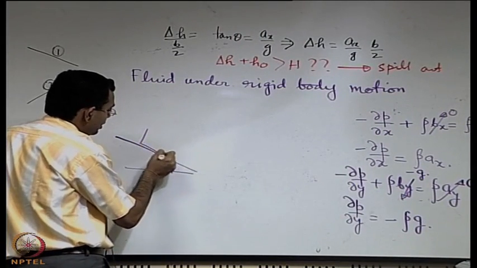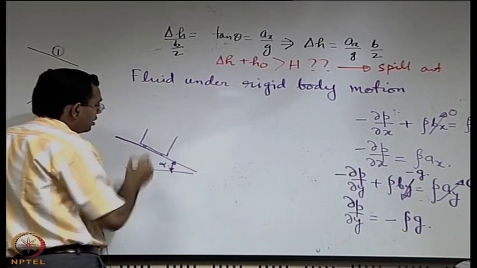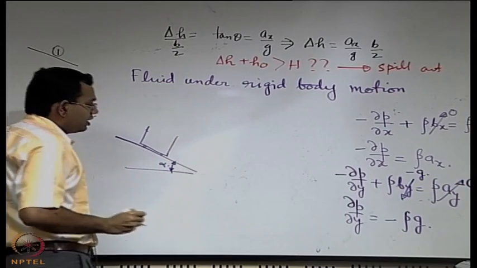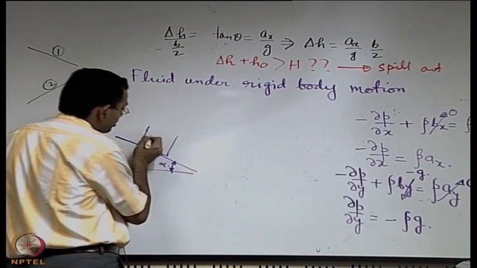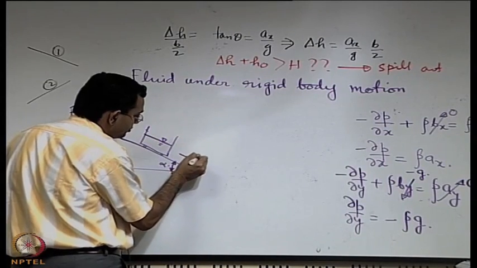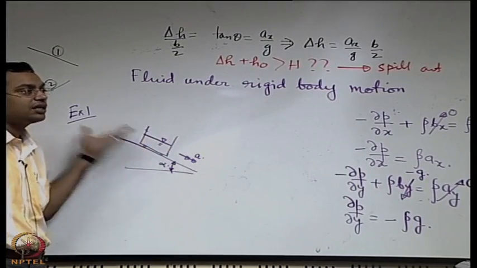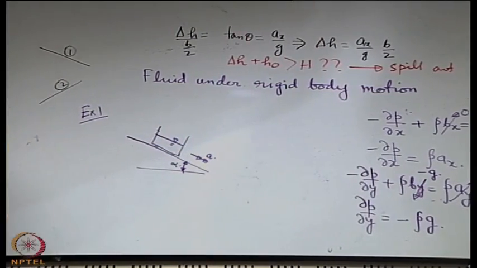The tank is there on the plane and it is accelerating, say, downwards with an acceleration of a, which is a uniform acceleration, maybe because of a resultant force which acts along that direction.